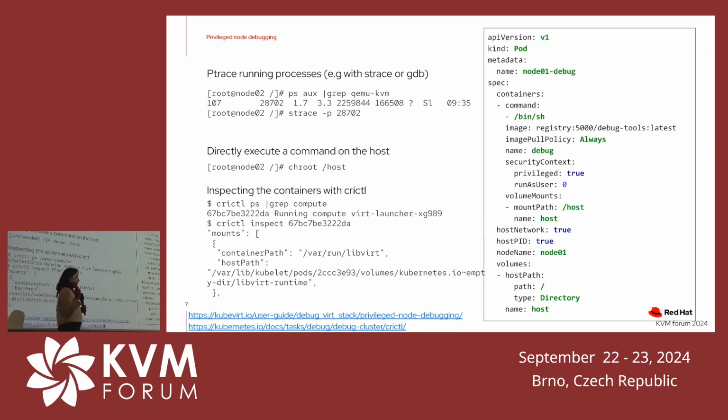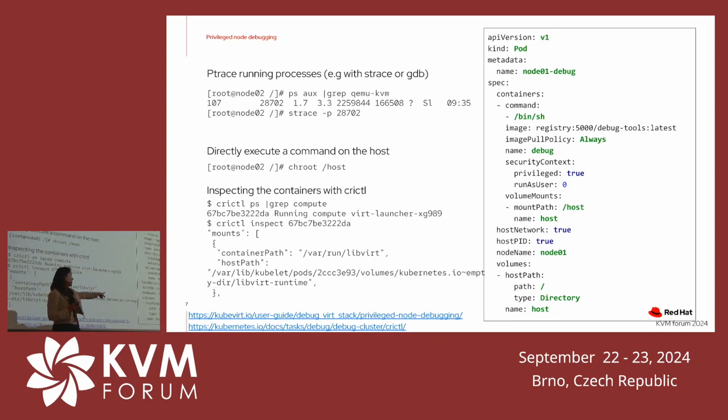However, the pod that is deployed using this command doesn't have the privileged flag set for you. So certain operations are not allowed. For example, strace is one of those. You cannot attach to a running process.